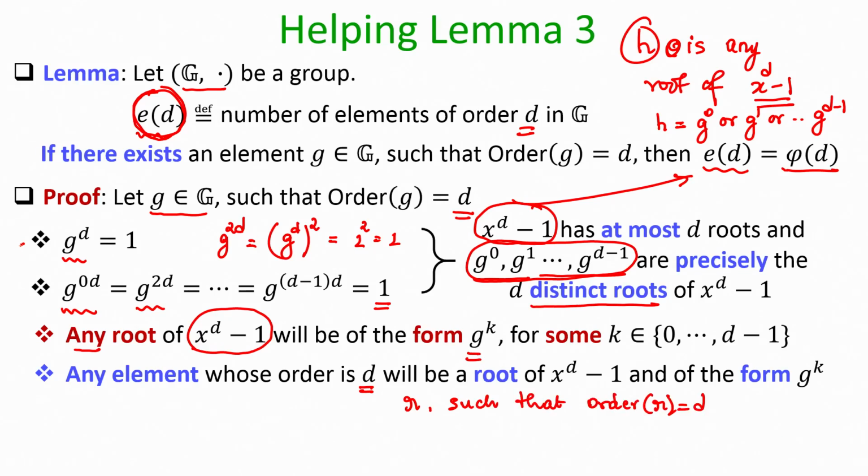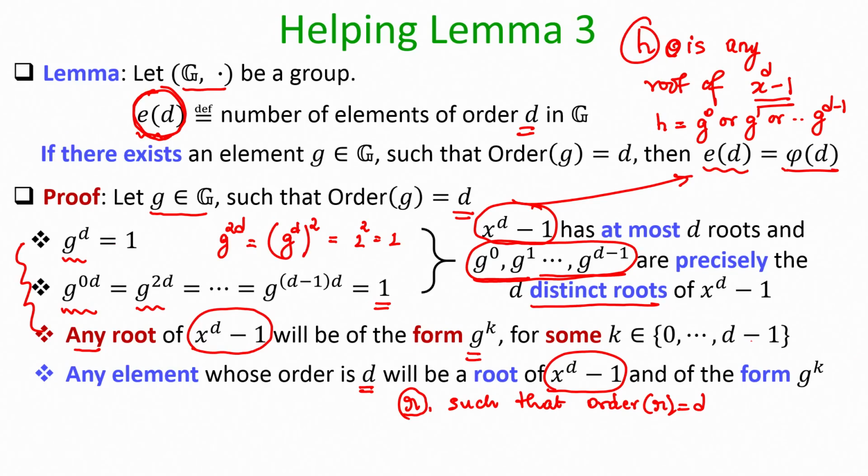Then whatever argument I have used here, I end up showing that the element r also will be a root of this polynomial, isn't it, because if g has order d, then g constitutes a root of the polynomial x power d minus 1.